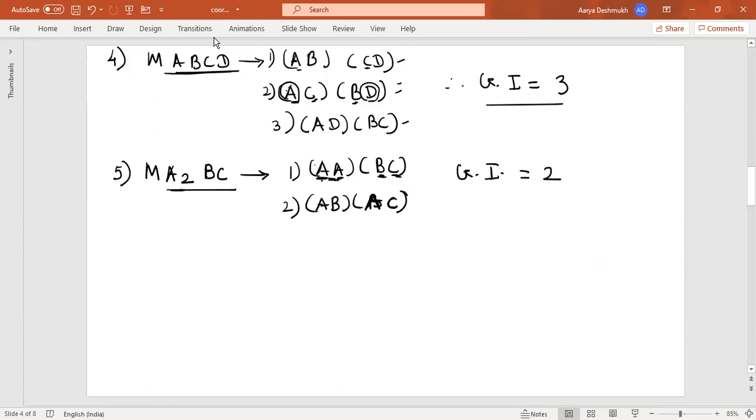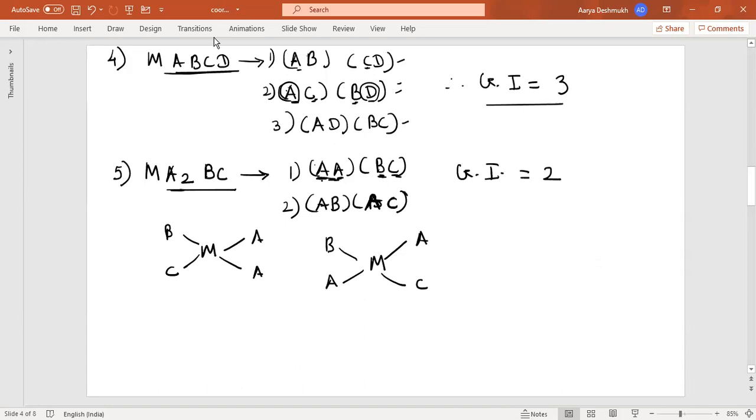You can draw the structure also if you want, like this. B and C, A and A. Okay. And the other is a square plane structure, like B and A, and next is A and C. Isn't it?